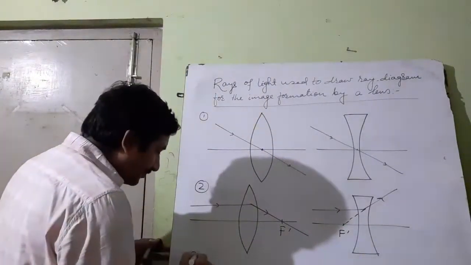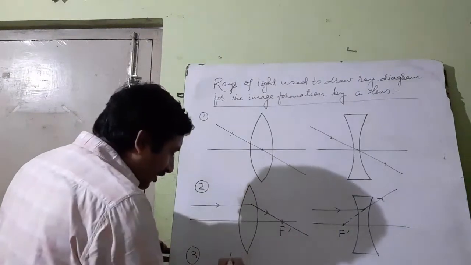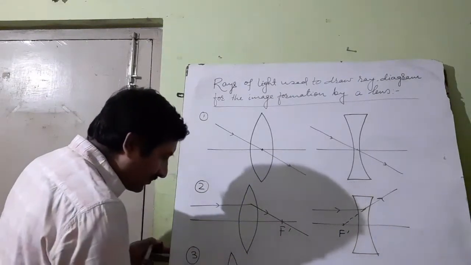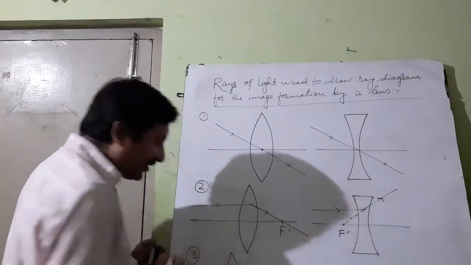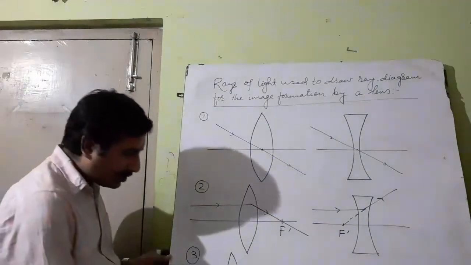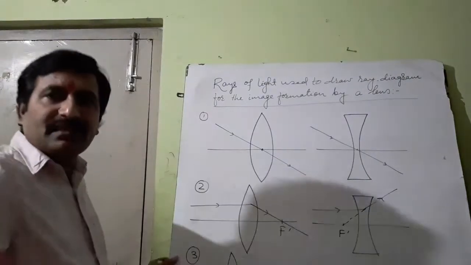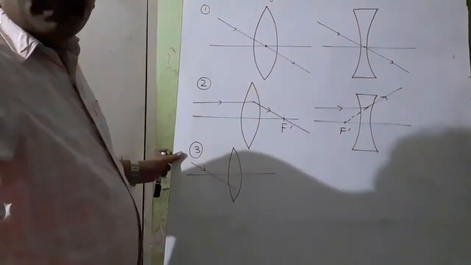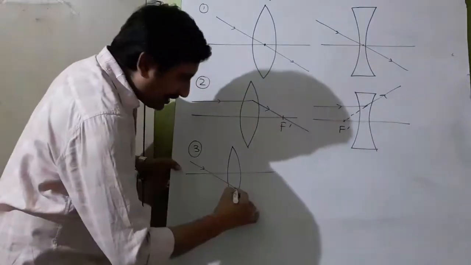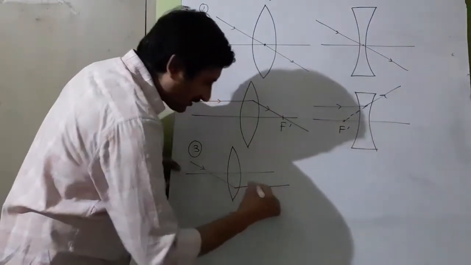Third is, if a ray of light is incident through focus, it will become parallel to the principal axis.